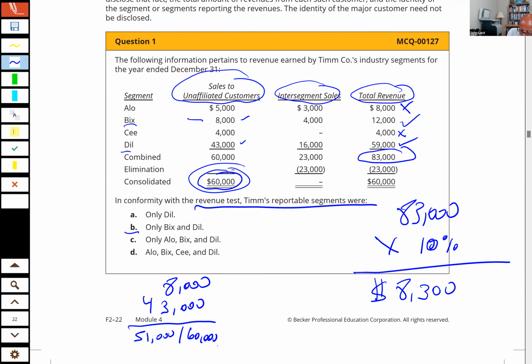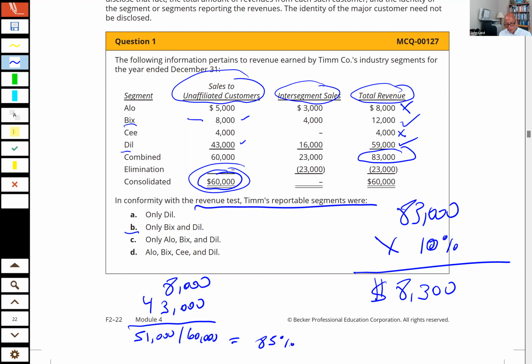And that comes up to 85%. I think it's right on the dot, 85%. So I've represented at least 75% of the consolidated revenue by picking these two segments, haven't I?